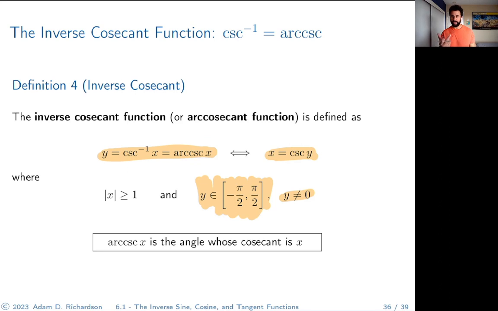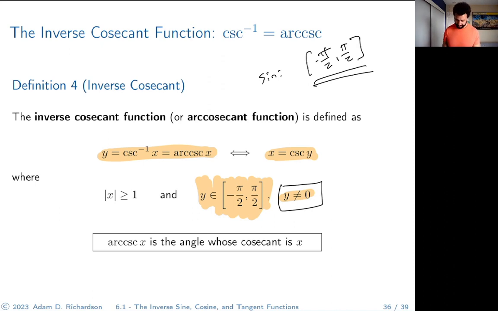Notice that this choice of restricted domain is basically the same one that we had for sine, negative pi over 2 to pi over 2, with the additional restriction that it can't be 0. So we're cutting out the angle 0.